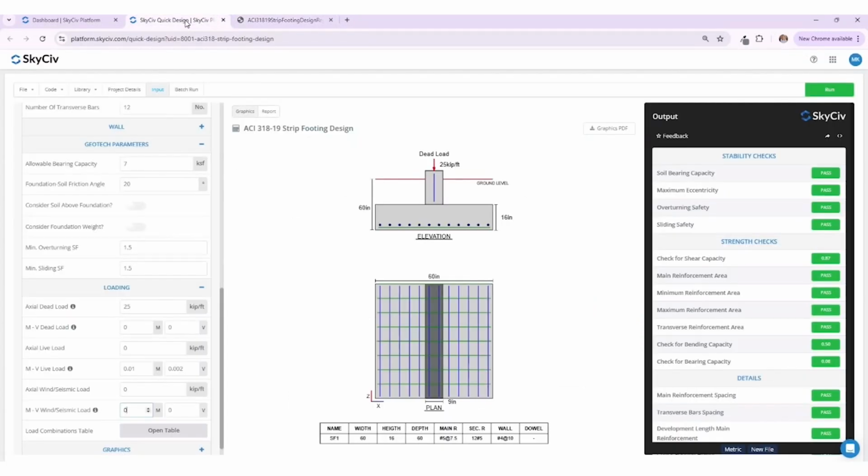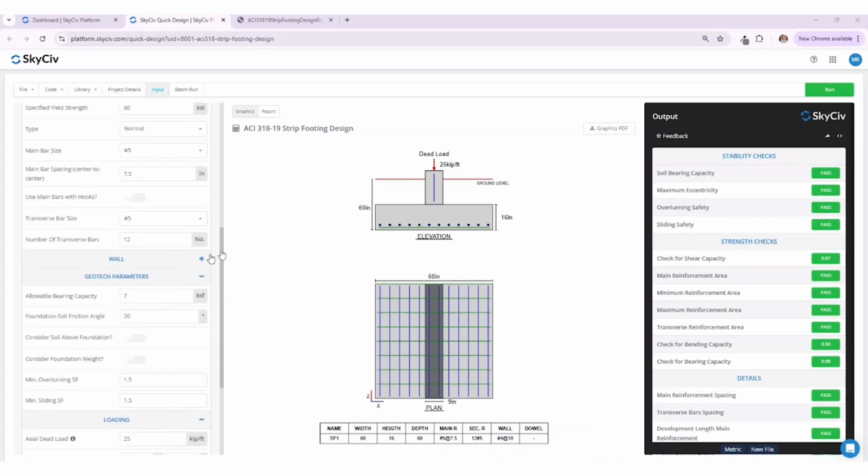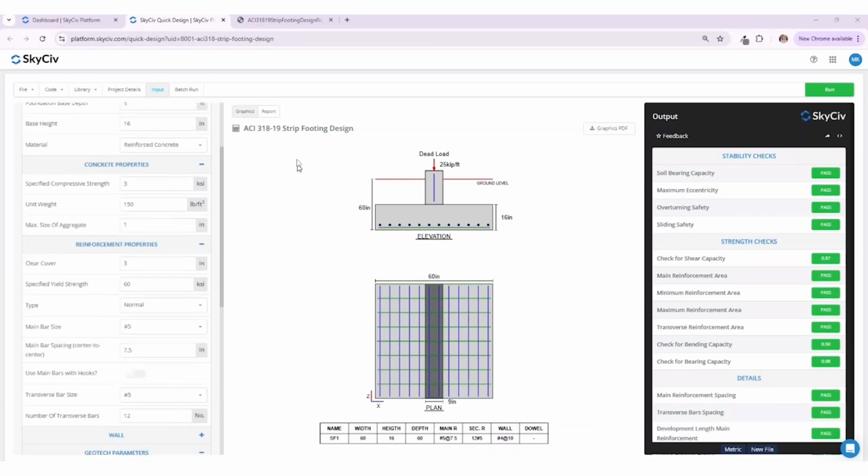That concludes our discussion on the stability checks performed in the ACI 318.19 strip footing design calculator. As a recap, these stability checks are important because the soil bearing capacity prevents excessive settlement.